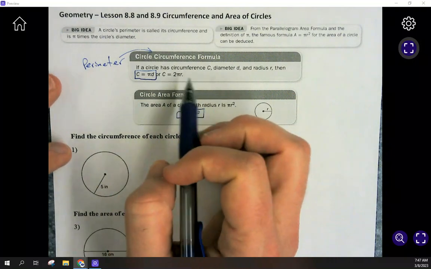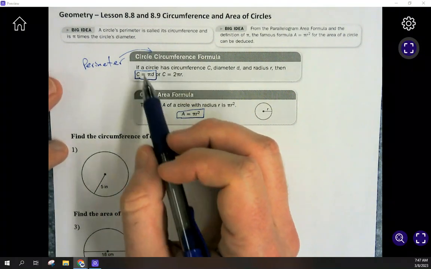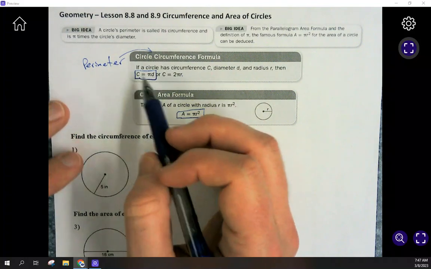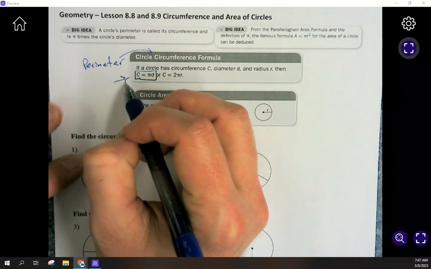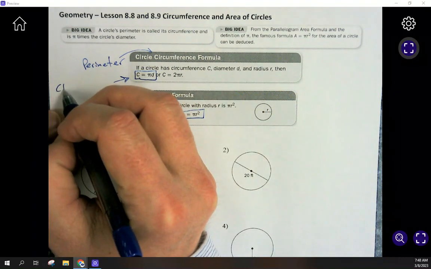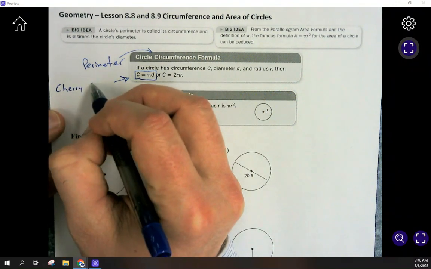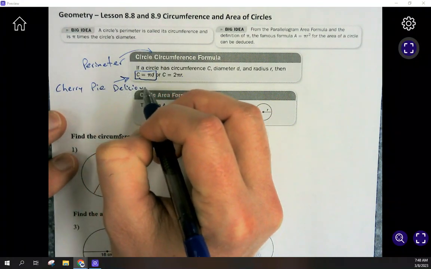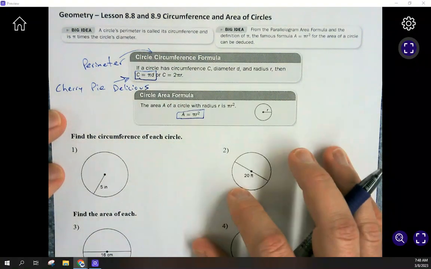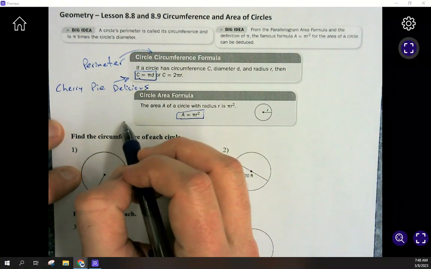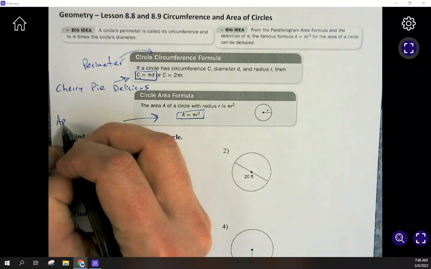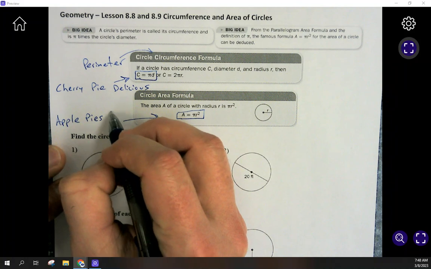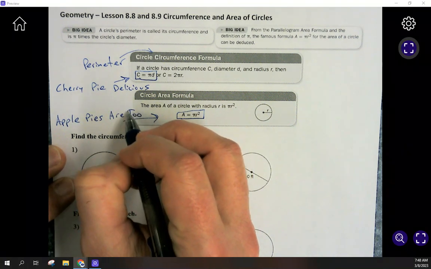You obviously will be able to use your notes, but the way that I always remember these goes all the way back to my 7th or 8th grade math teacher. For this one, we had to memorize it. The little saying that he used was cherry pie delicious. And not a great speller, that could be wrong there. And then for this one, apple pies are 2.